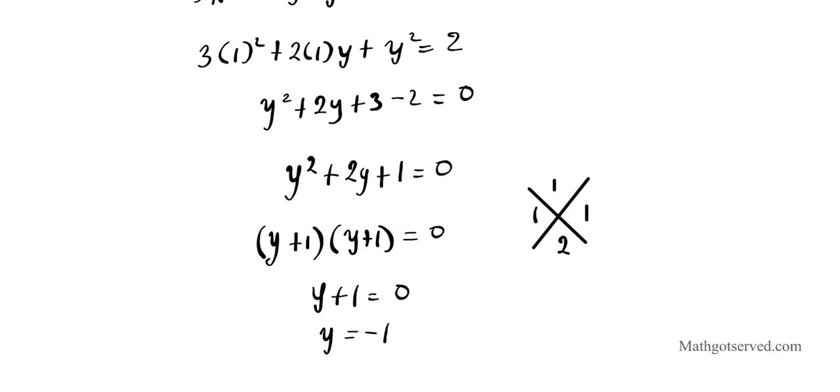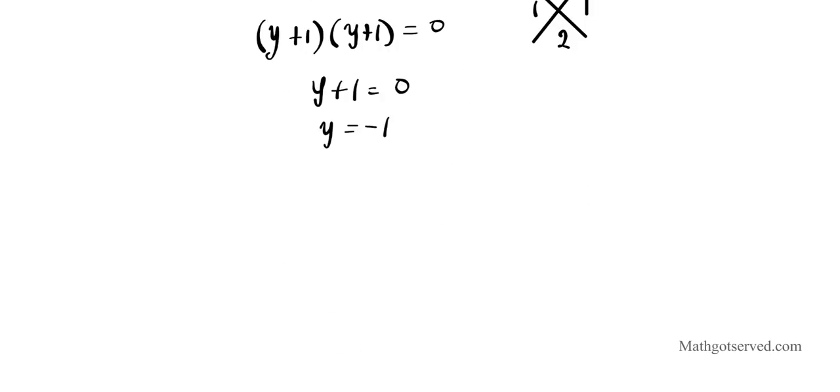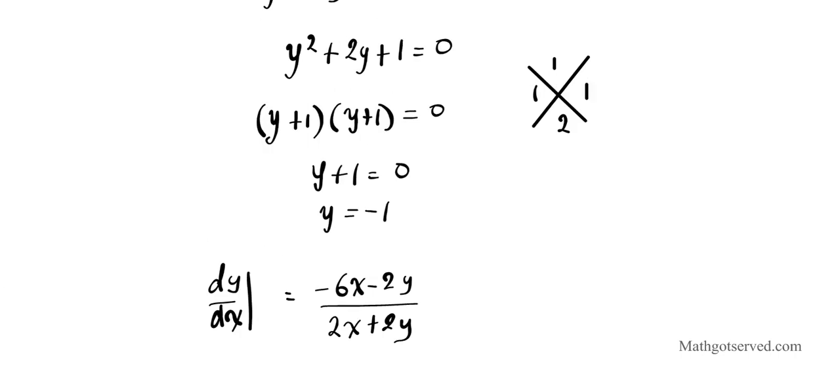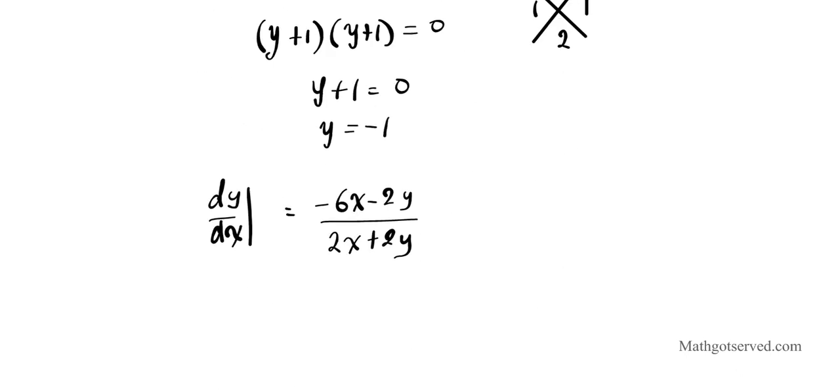So the derivative that we had, dy/dx equals negative 6x minus 2y over 2x plus 2y, we're going to evaluate at a point where x is, what was x? Let me see, I forgot already. x is 1 and y is negative 1.